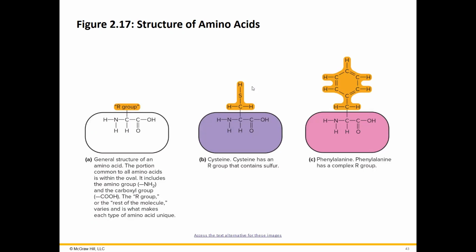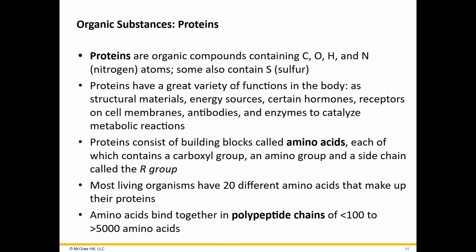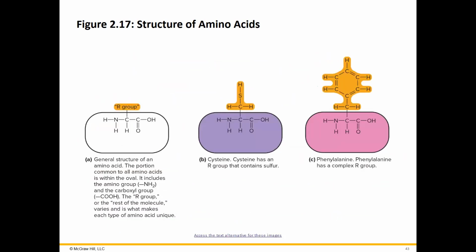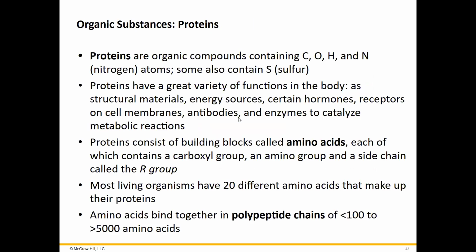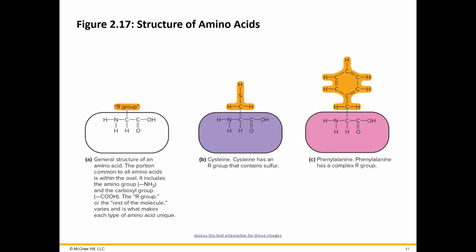The R group is the only thing that ever changes. A long chain of amino acids is called a polypeptide chain. Why is it a peptide? Because the bond that forms between amino acids is called a peptide bond. So many amino acids, many peptide bonds, polypeptide chains.